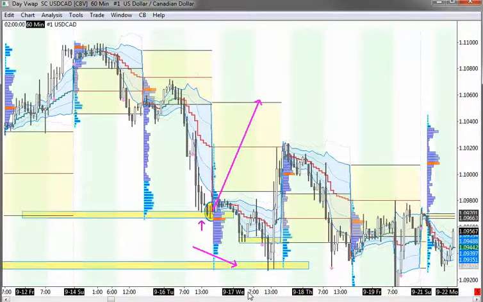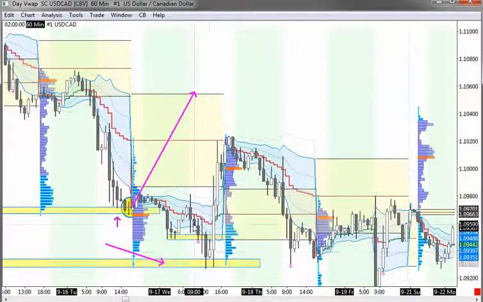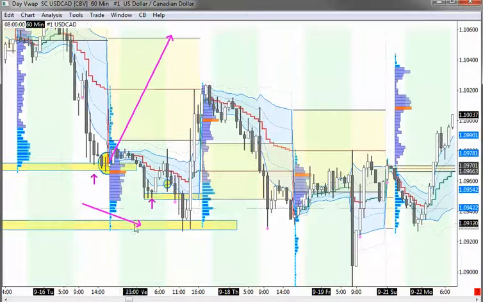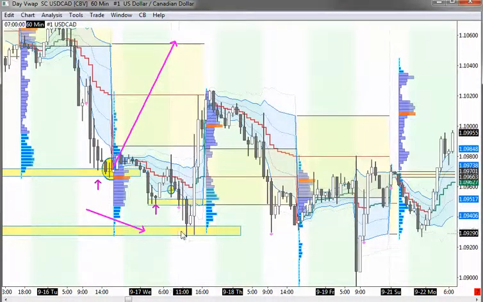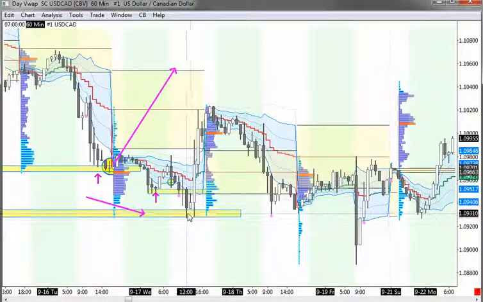Now I know you said you could buy the value area low, and if I had bought the value area low right here, the stops must go right below that because you don't want to put your stops down here. Depending on the target you want to take and the risk you want to take, if you want to put your stops below here, that's fine, but then that's a bigger risk. And if you think that's the area it's going to hold, then maybe you want to wait for price to get closer to that.